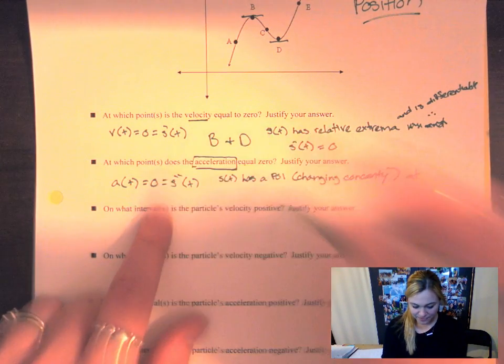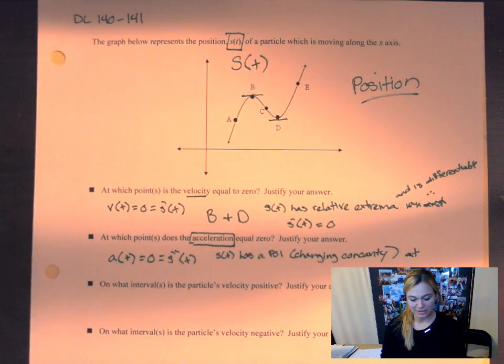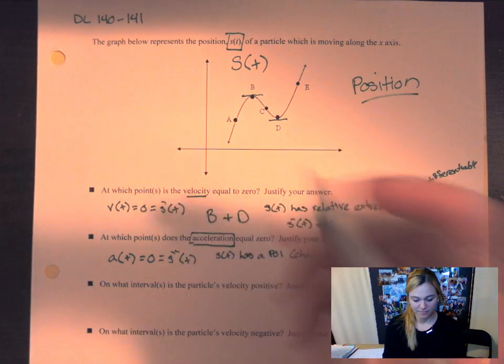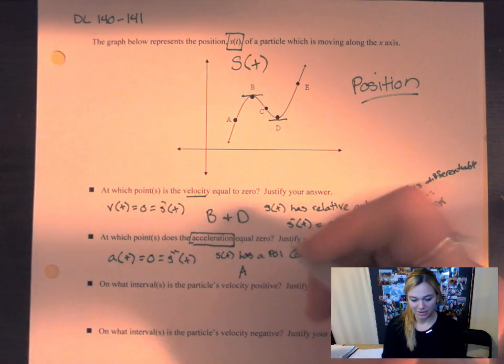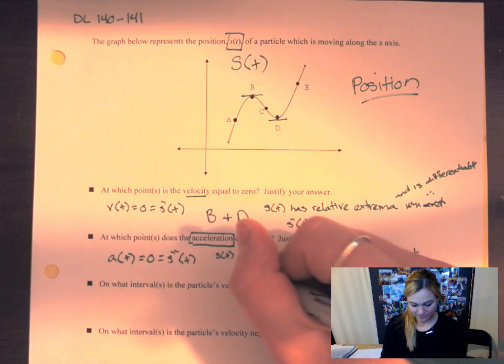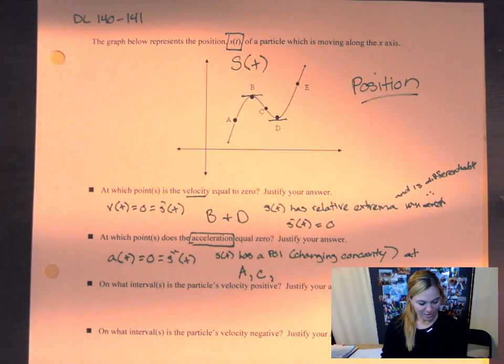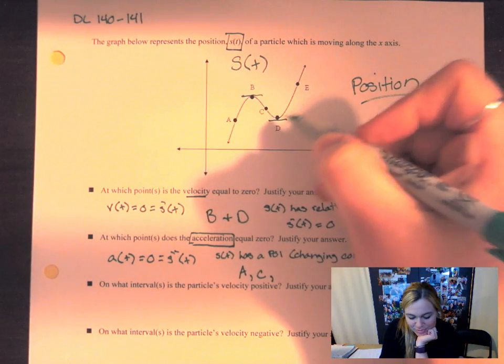at, and then where would you think that happens? So look at the graph. Where does it look like s of t is changing concavity? Did you say A? I did too. And C. And I would also say, do we know anything else? It's kind of hard. You might not even be able to say this.